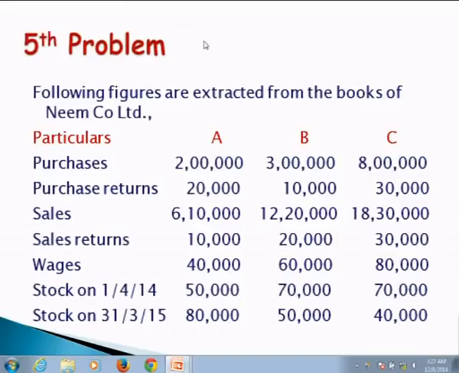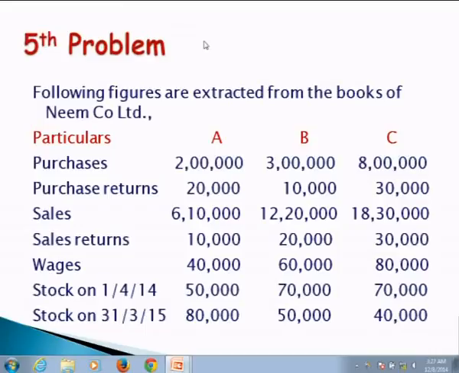I am not showing the deduction, I am directly writing the amount. Now purchases: 2 lakhs minus 20,000 is 1,80,000. In the same way 3 lakhs minus 10,000 is 2,90,000.